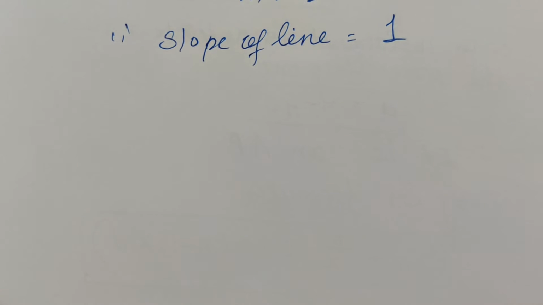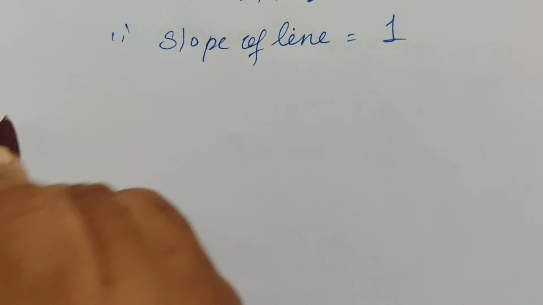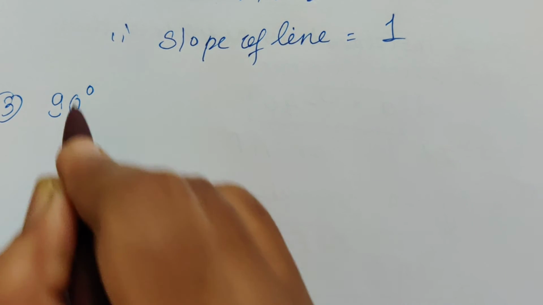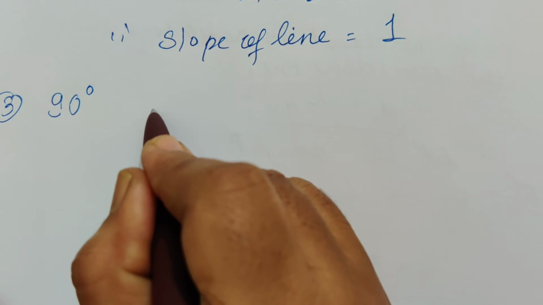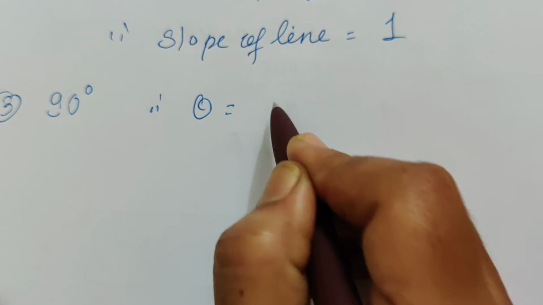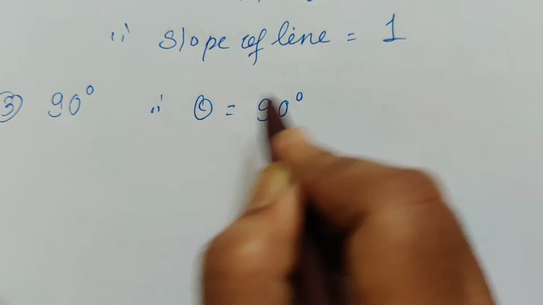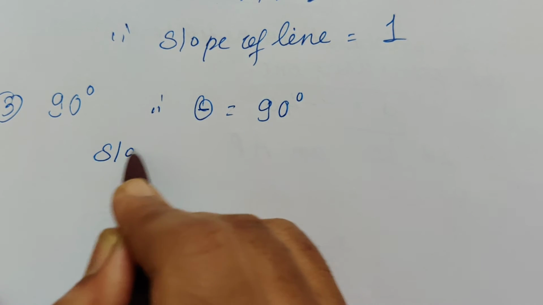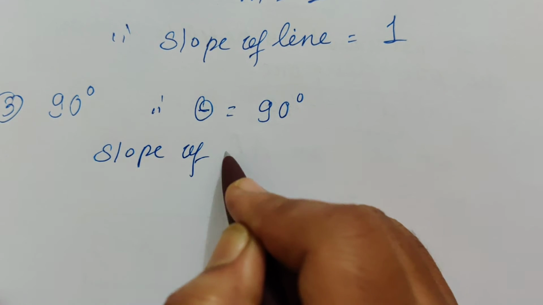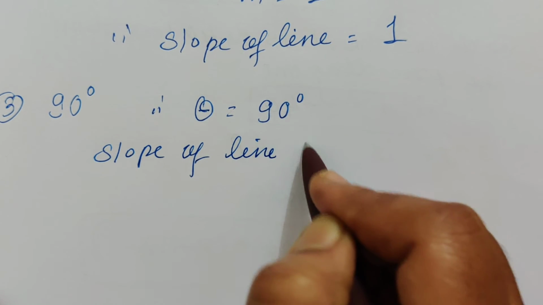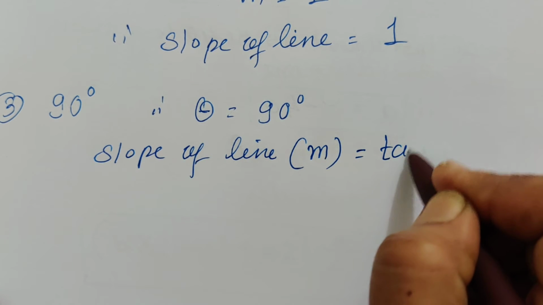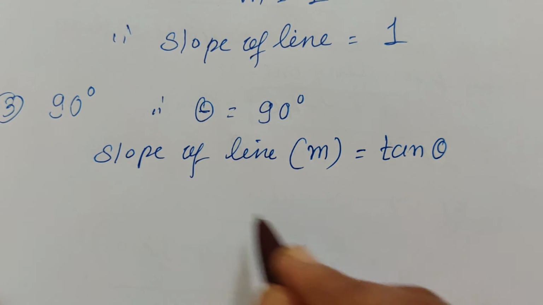Here theta is equal to 90 degrees given. Third is 90 degree. That means theta is equal to 90 degree. So you can say slope of line, that is M, is equal to tan theta.